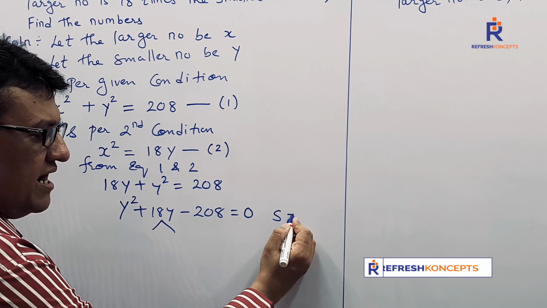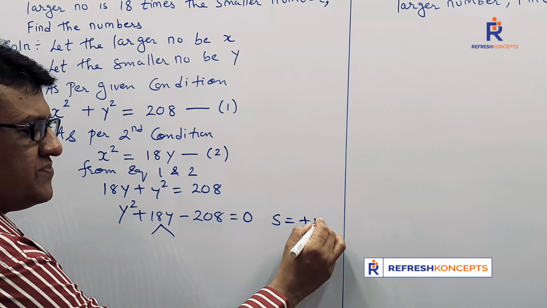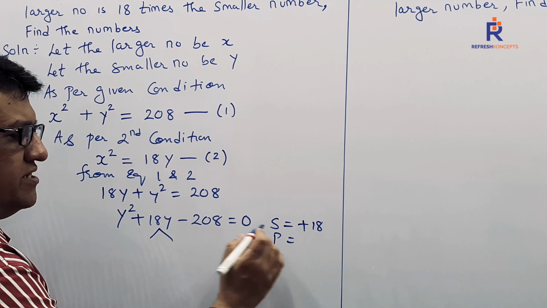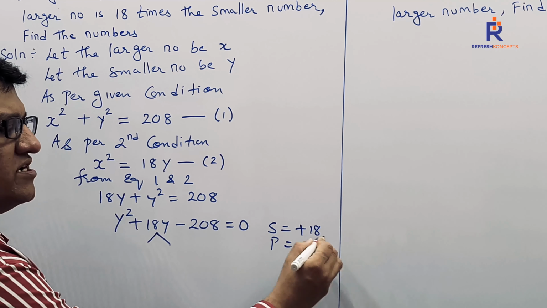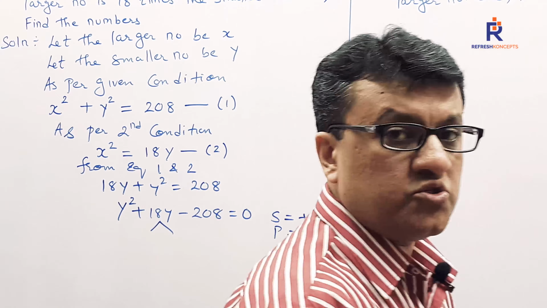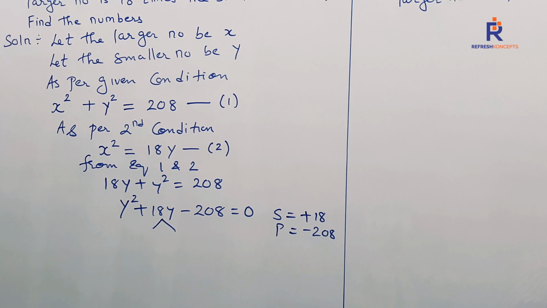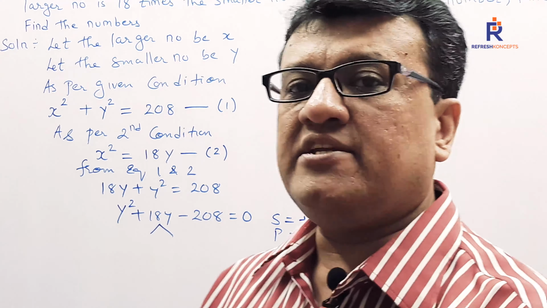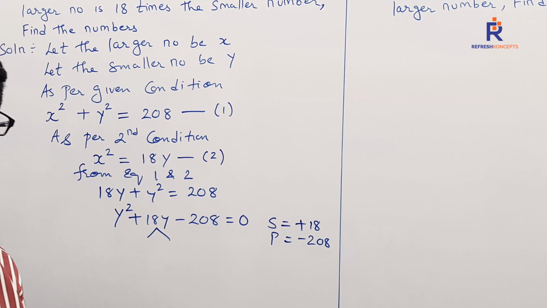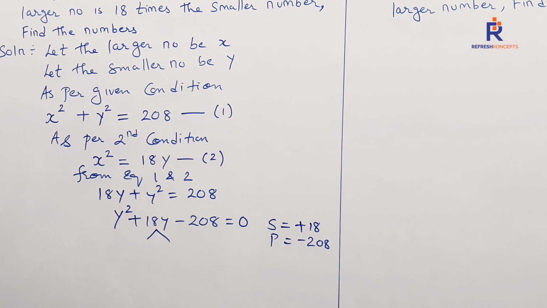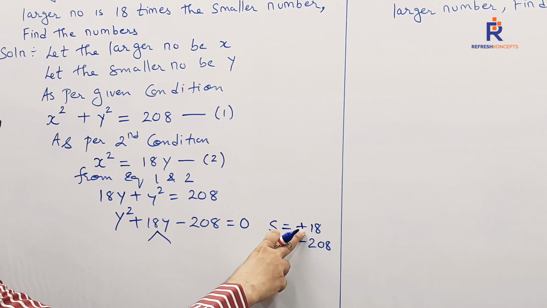I repeat what we have done. The first condition says the sum of the squares of two numbers is 208, and the second says the square of the larger number is 18 times the smaller number. So wherever we have x square, we substitute 18y. From equations 1 and 2, 18y plus y square is 208.